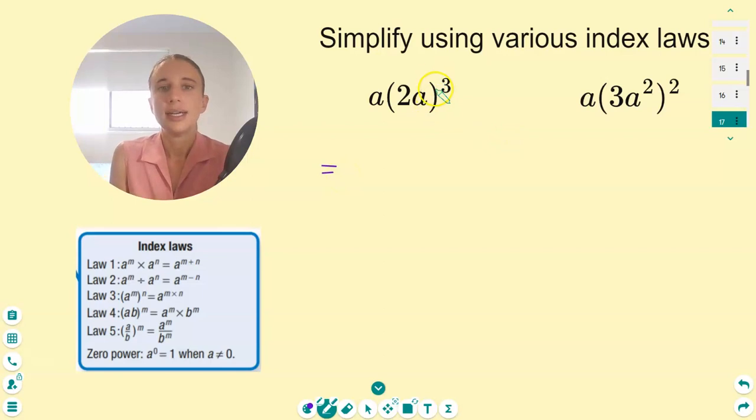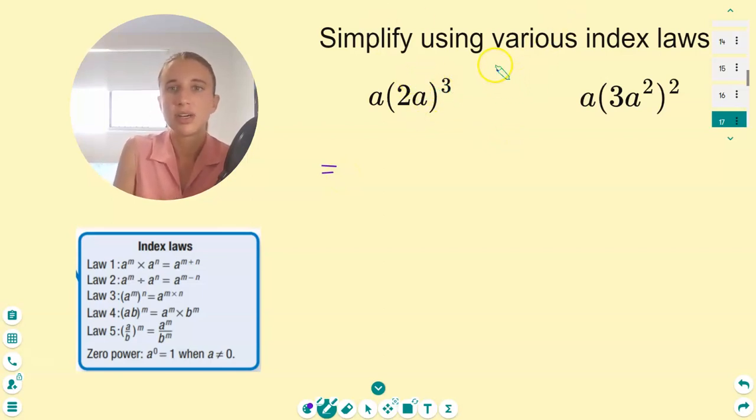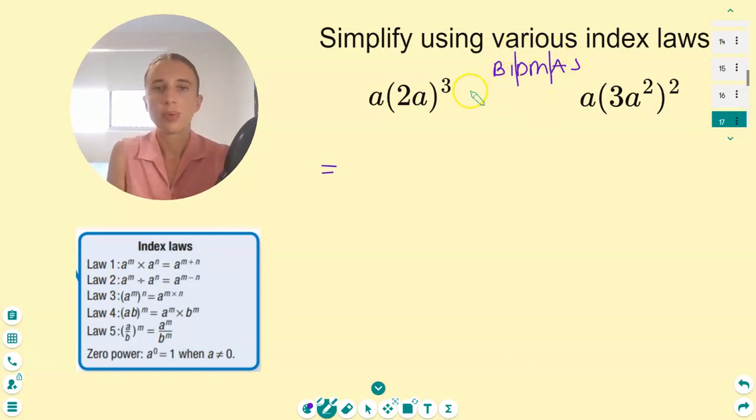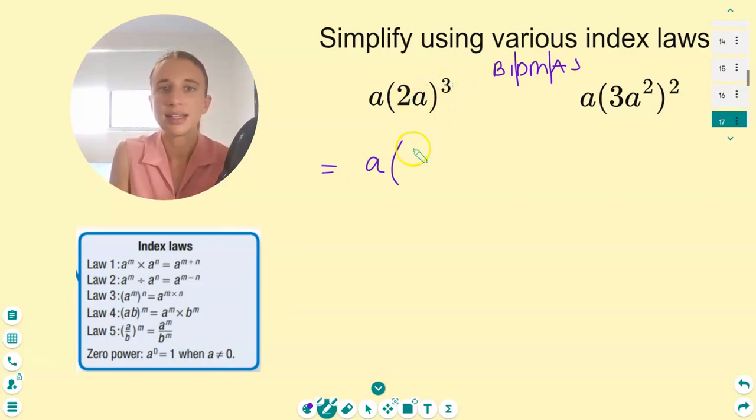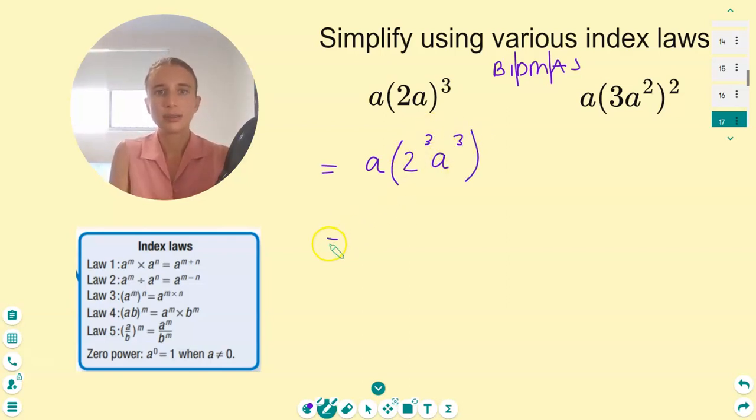We have BIDMAS to guide us. There's a few operations. Brackets, expand them. Any number raised to the power means you raise that number to the power. Let's evaluate.